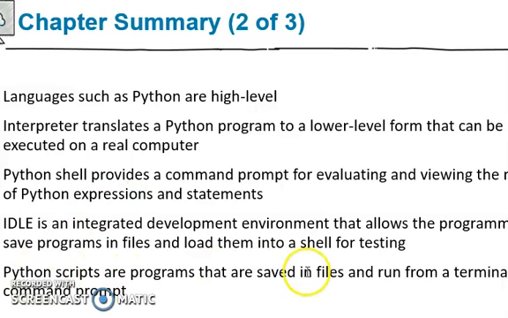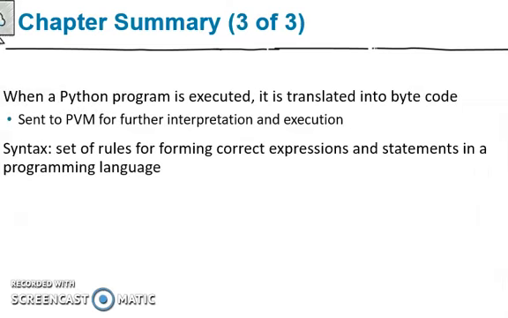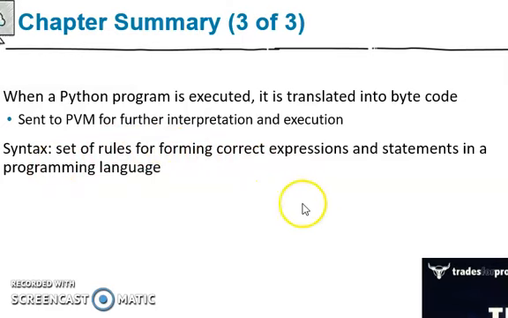Python scripts are programs that are saved in files and run from a terminal command prompt. We are not necessarily going to use a command prompt, but keep that in mind. And when a Python program is executed, it is translated into bytecode. Syntax are a set of rules for forming correct expressions and statements in a programming language.